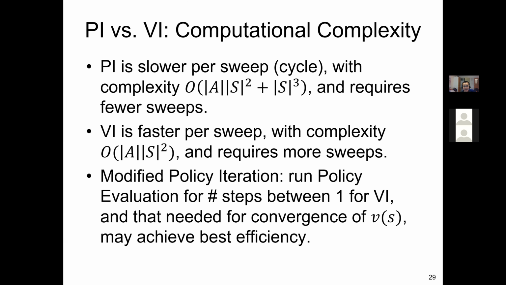You can set this number of steps yourself. It doesn't really matter; eventually, it's guaranteed to converge. And you can experiment with the number of steps to achieve the best efficiency.